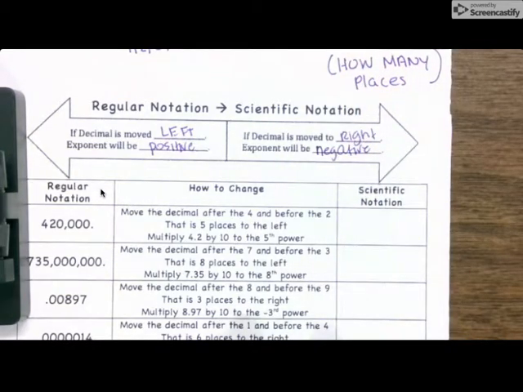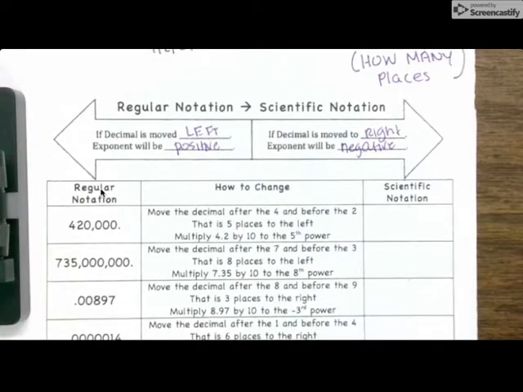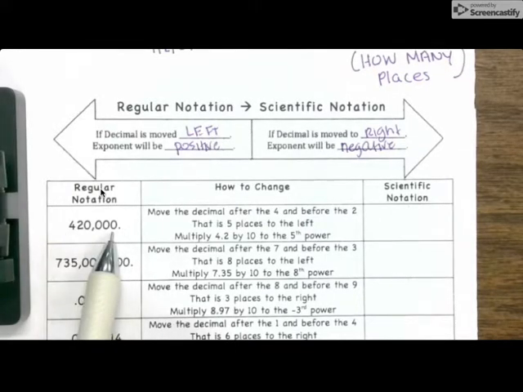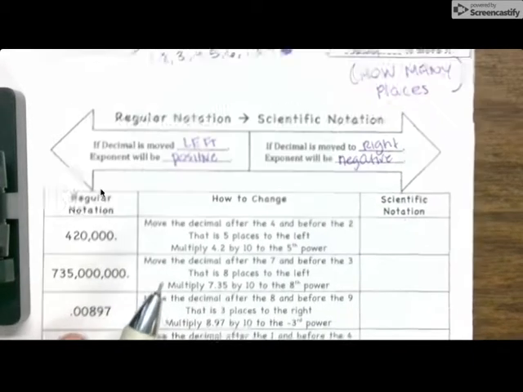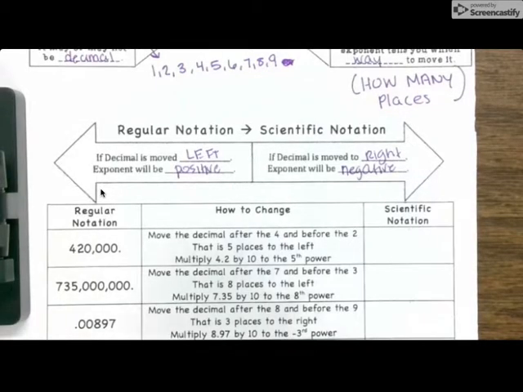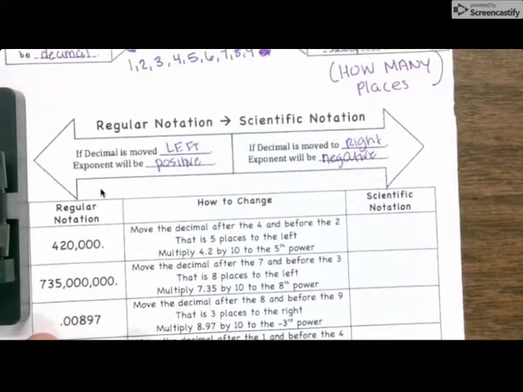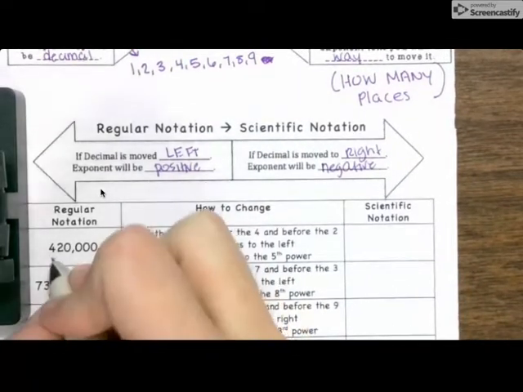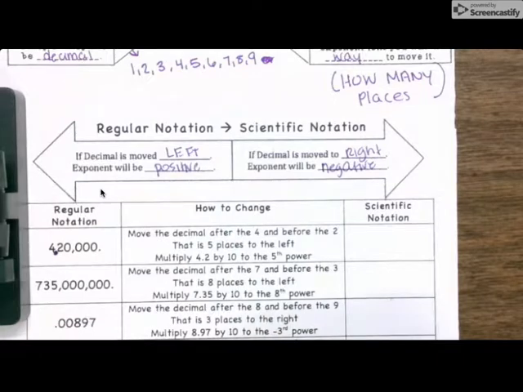Okay, so if we put into action what we just talked about, just like the guy said, we need to move the decimal here, put in between two numbers so that the number on the left is either 1, 2, 3, 4, 5, 6, 7, 8, or 9. So, in order to do that, we would put it in between the 4 and the 2. So I would put my decimal point right here.